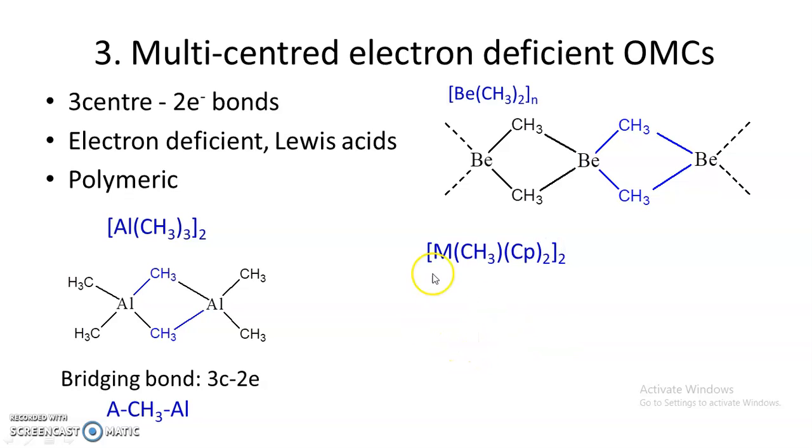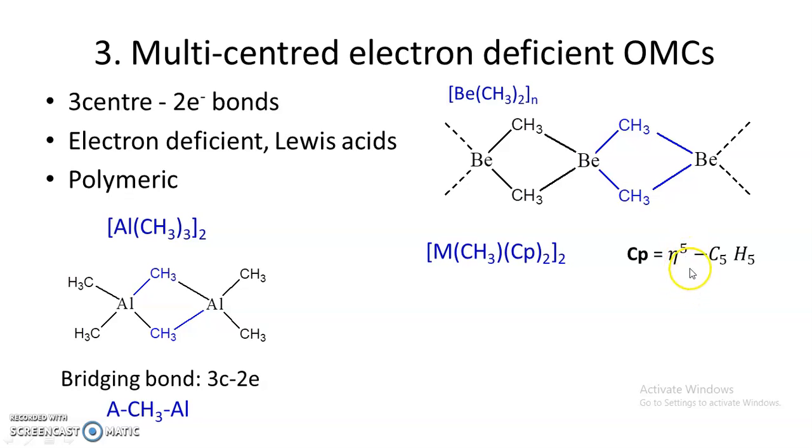Another interesting example is M(CH3)2 Cp2, where Cp is a cyclopentadienyl species. Eta 5 C5H5 means its hapticity is 5.